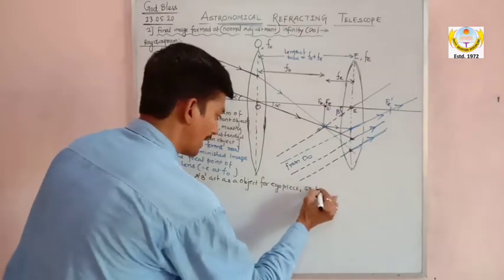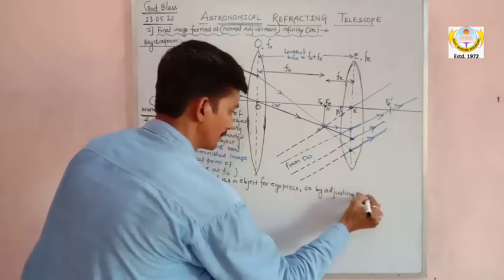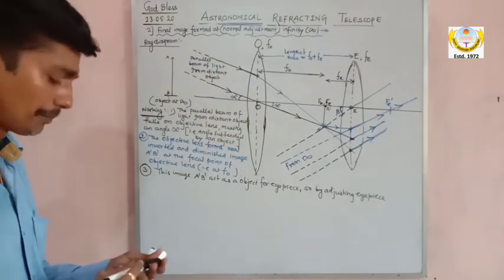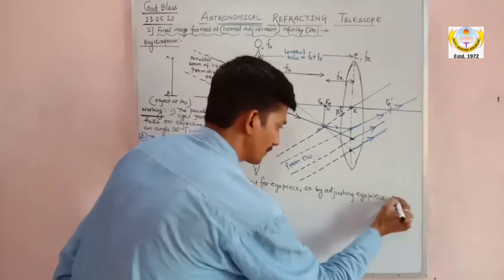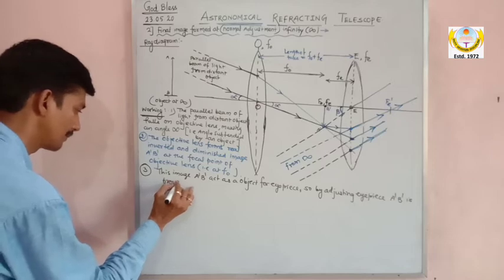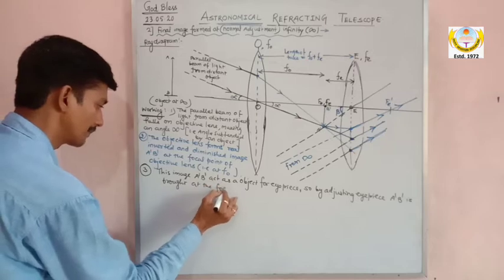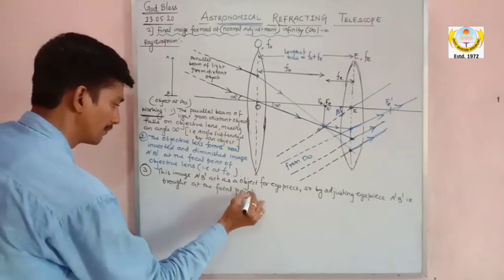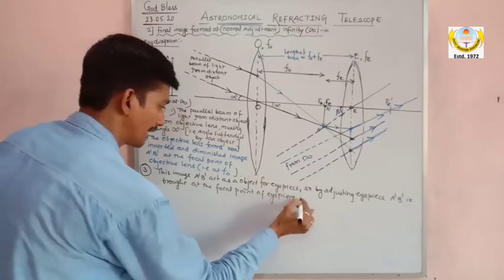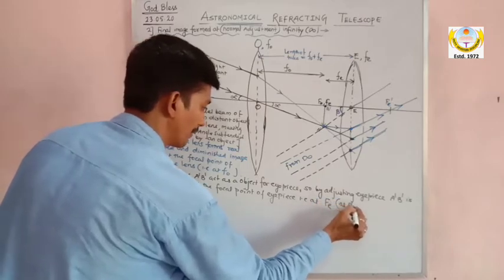So by adjusting the eyepiece, my dear, A dash B dash is brought at the focal point of the eyepiece, that is at FE as shown in the figure.